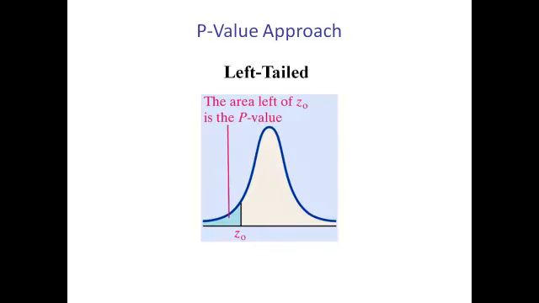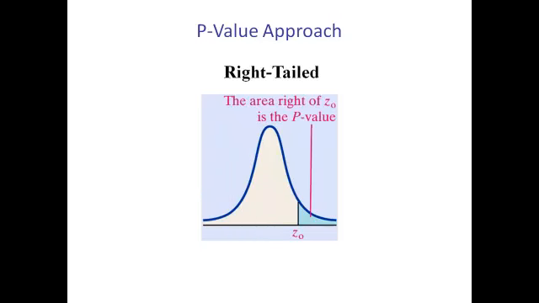The p-value for a left-tailed test is the area under the curve out on the left tail of the z distribution to the left of the test statistic z sub 0. And the p-value for a right-tailed test is going to be the area under the curve to the right.